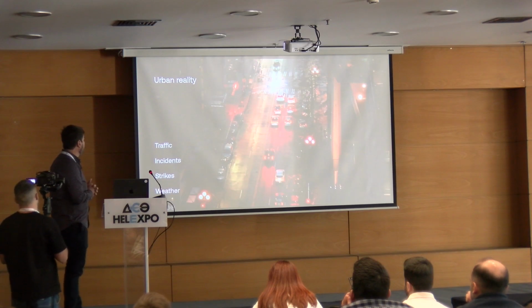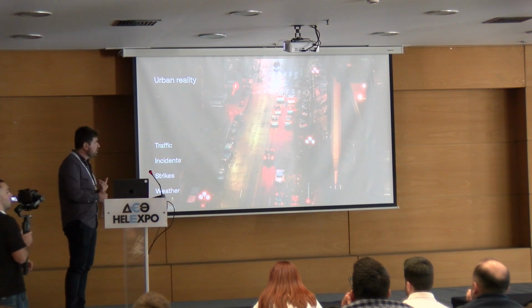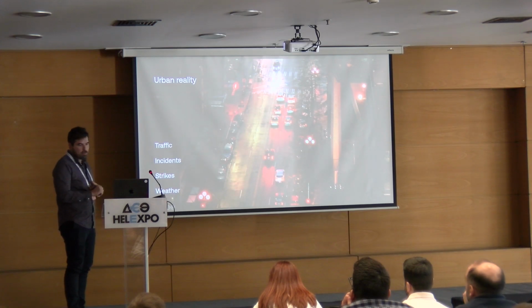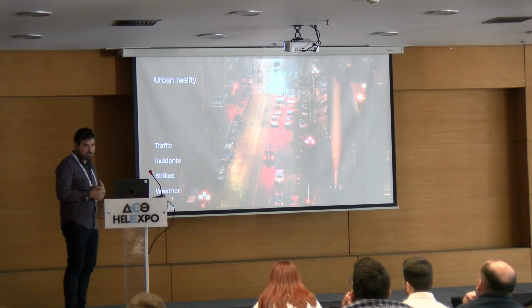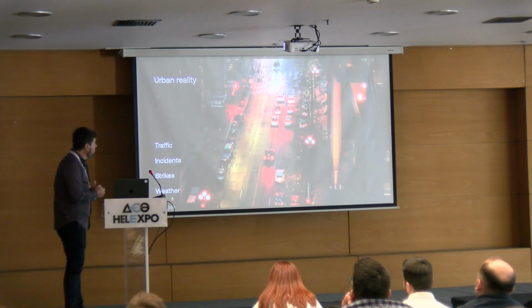Let's talk a little bit about urban reality. So we have traffic congestion, unexpected road incidents, strikes, changing weather conditions that continuously affect our fleet's availability, passenger wait times, and overall system performance.